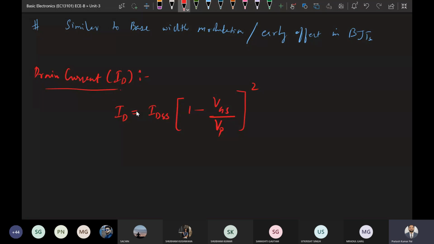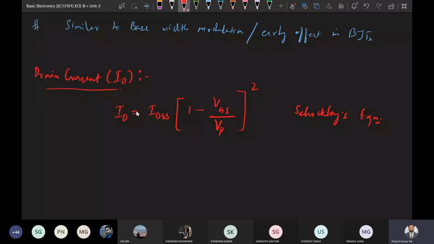This current equation is also called the Shockley equation. The drain current of a JFET is defined by the Shockley equation.